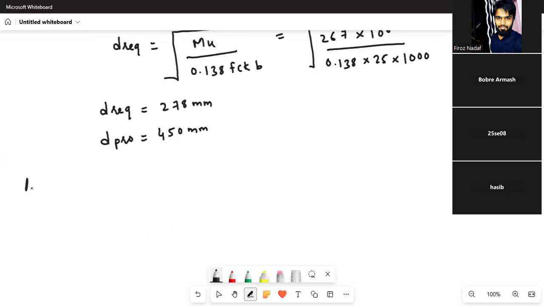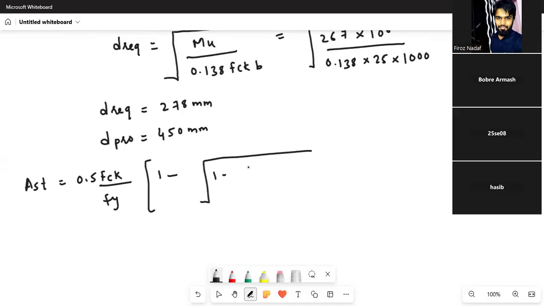Ast equal to 0.5 fck divided by fy, into 1 minus the square root of 1 minus 4.6 Mu divided by fck b d square.